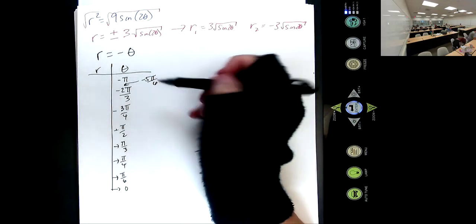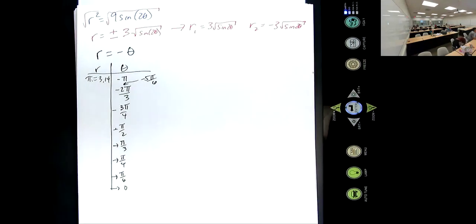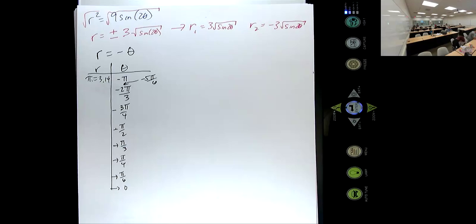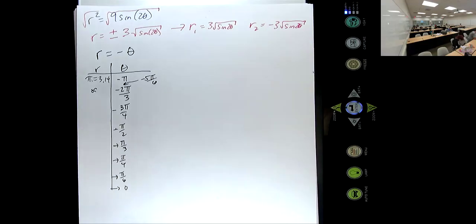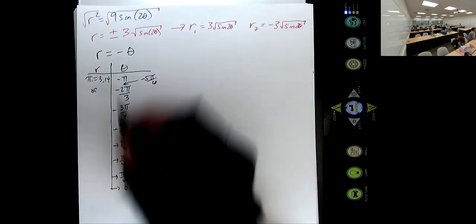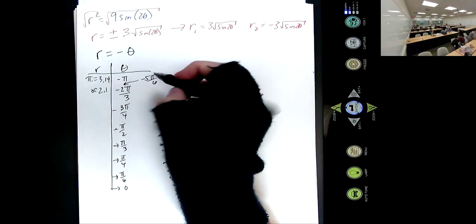So r is going to be the opposite signs of these. Pi, which is about 3.14. 2 pi over 3 is, do I have it written down? My table over here is wrong. It's about 2, maybe 2.1.